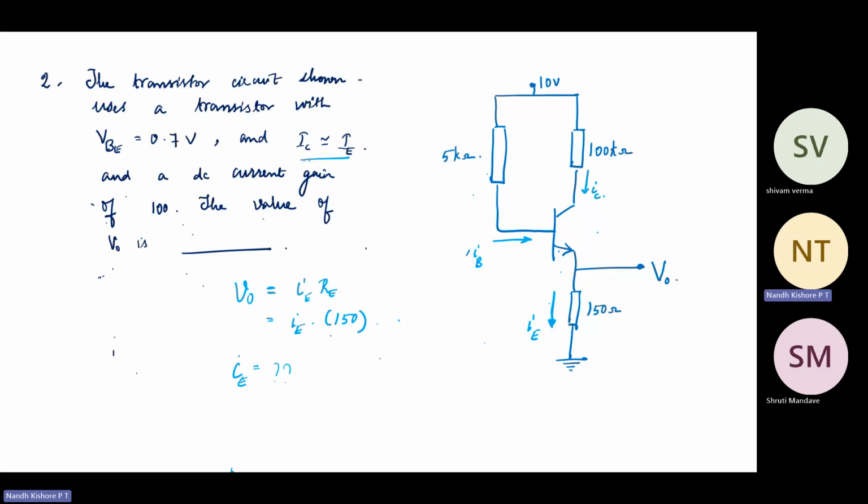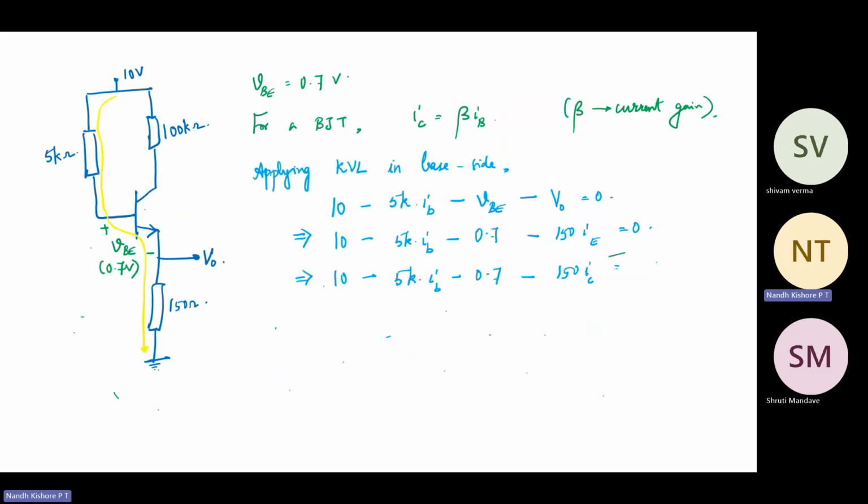IC is almost equal to IE. So IE can be written as IC, is equal to 0. So 10 minus 5K into IB minus 0.7 minus 150 into IC, which is basically beta times IB, is equal to 0.